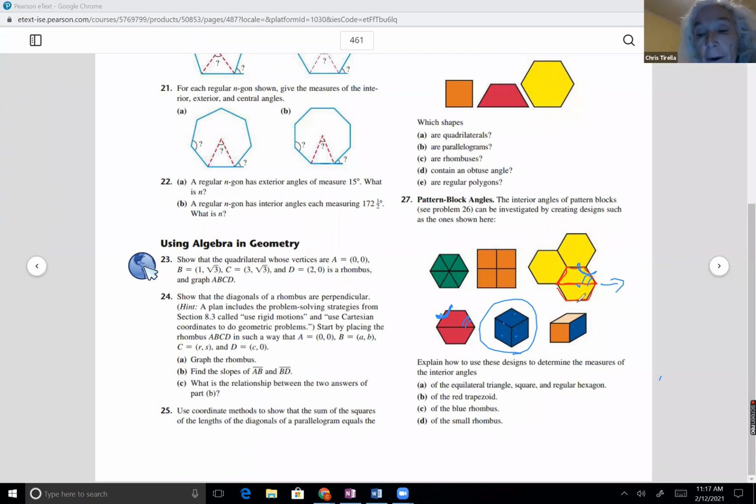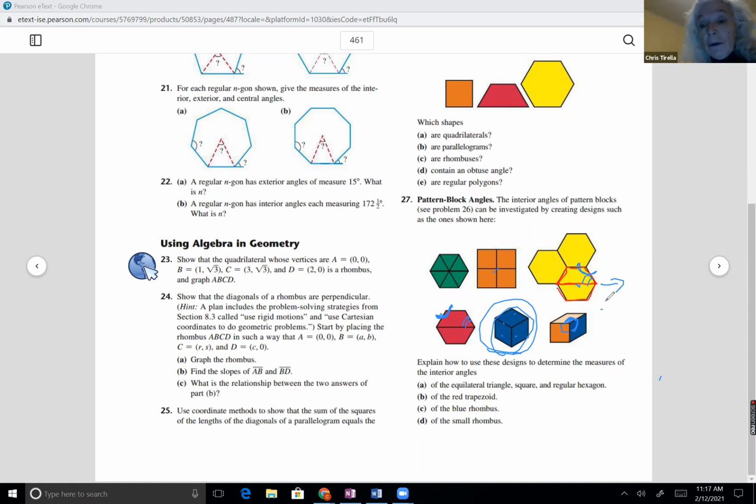And then over here, this last one, we can use the fact that we know this angle is 90 from the squares. We know the measure of this angle from the rhombus, and so we can find the measure of this angle by subtracting from 360, and so on. By piling those different shapes on top of each other, we can use what the angles add up to.